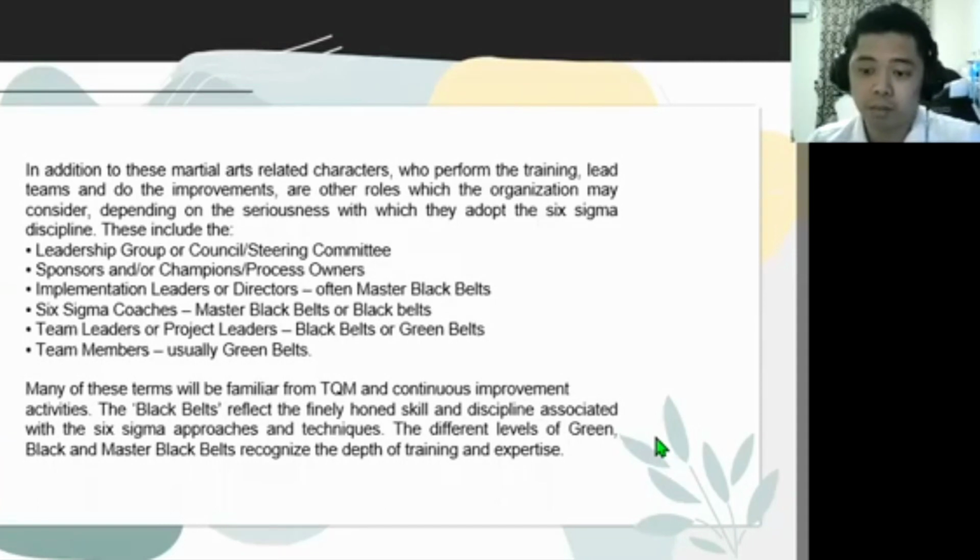For addition lang po, sa mga karakter na ito ay may mga kaugnayan po sa martial arts na nagsasagawa ng training or practice o namumuno sa mga koponan at gumagawa pa ng makapagpabuti sa kanila. At ang iba pa po ay mga tungkulin na maaaring isaalang-alang ng organisasyon depende sa kung gaano kaseryoso kung saan nila pinagtibay ang 6 na sigma ng disiplina. So, next na po tayo.